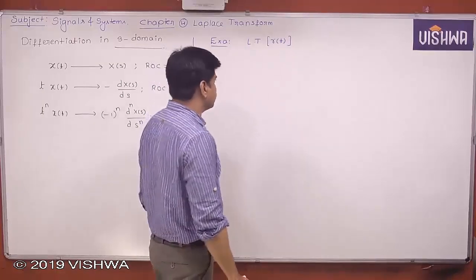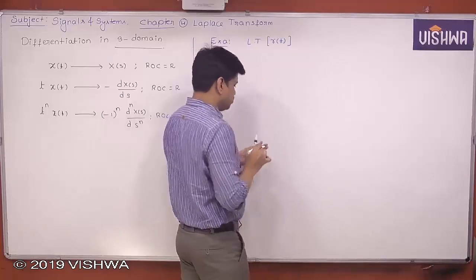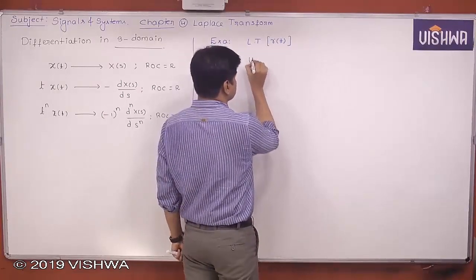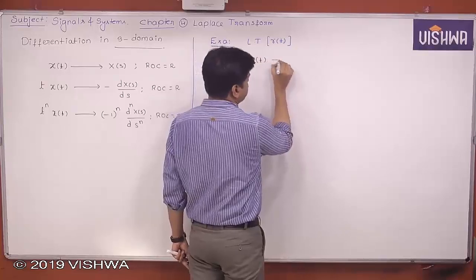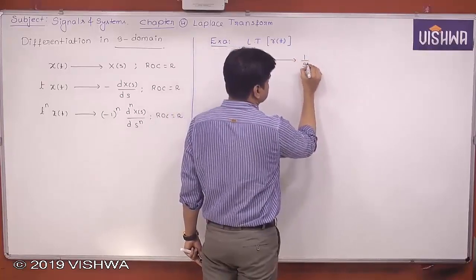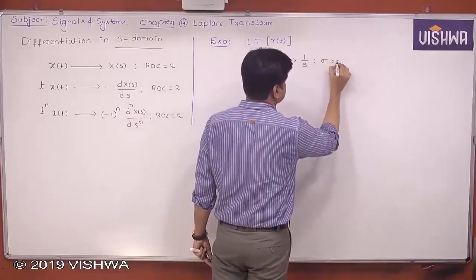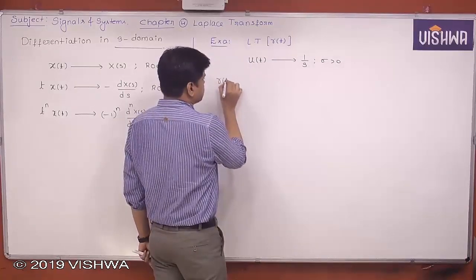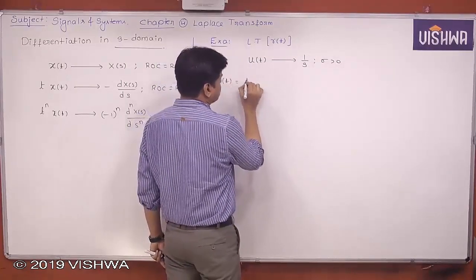So for that, let's see. First we know u of t. For u of t, what is the Laplace transform? 1 by s with sigma greater than 0. R of t. What is R of t actually? That is nothing but t u of t.